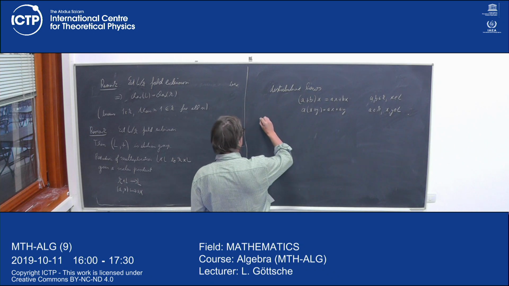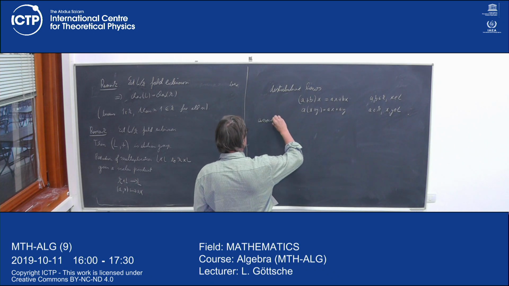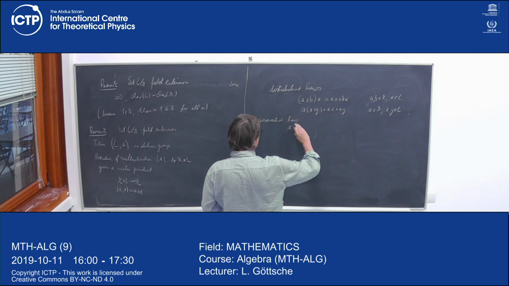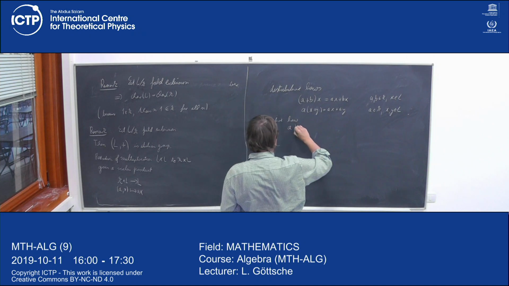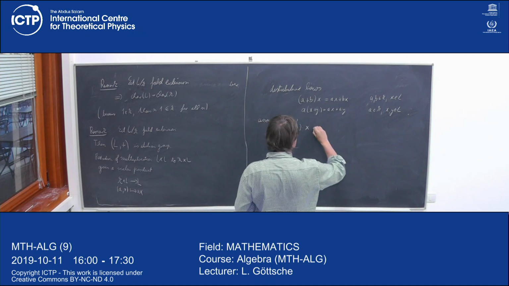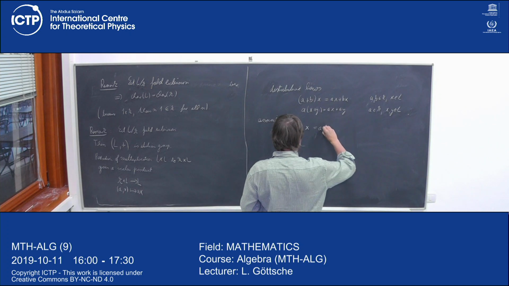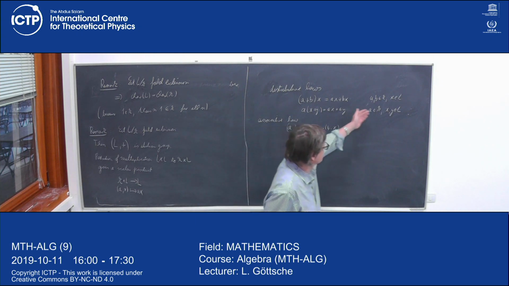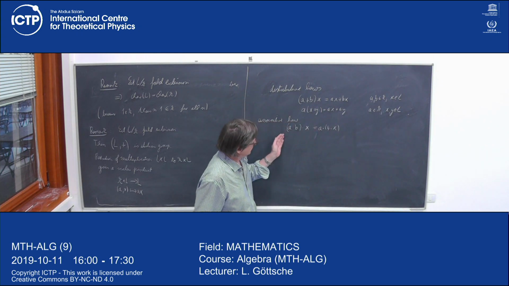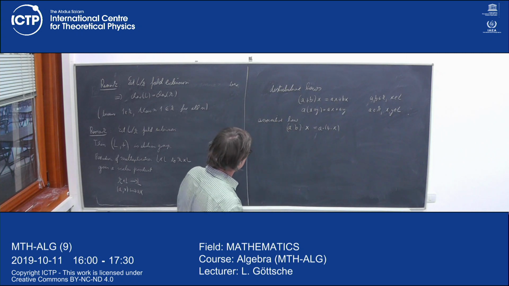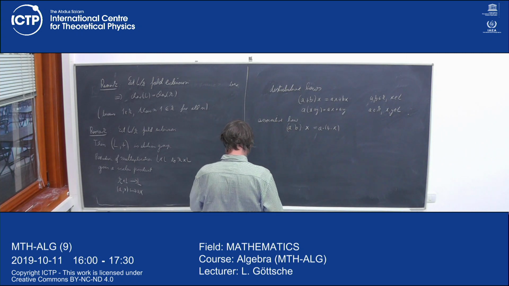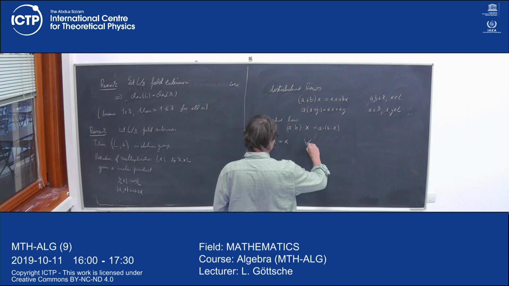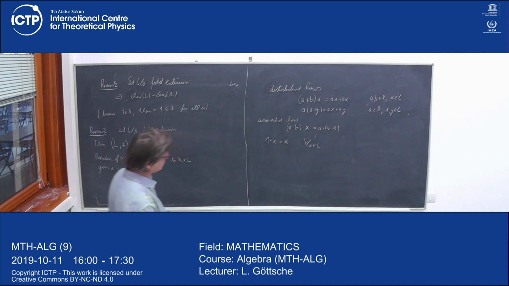And we have the associative law. If I take (ab) times x, this is a times (b times x), where again a and b are in K and x is in L. This is because this holds for any such things where all three of them are out of L. And also we clearly have that 1 times x is equal to x for all x in L. This is also clear.